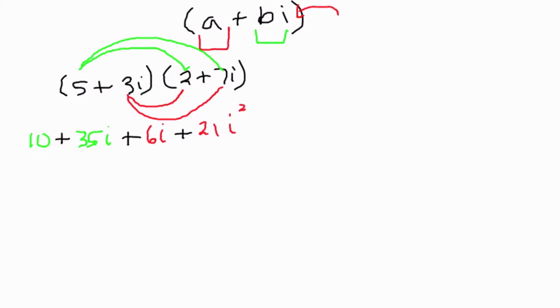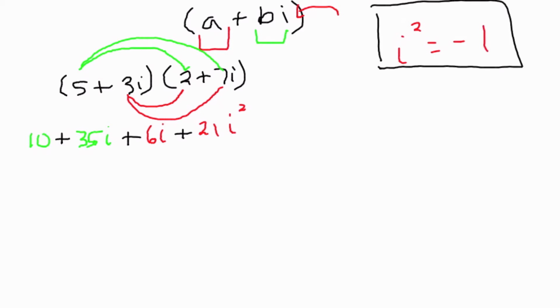Whenever you see i squared, that's always going to represent a value of negative 1. This is very important to remember. i squared is always going to be negative 1, so we're going to replace this i squared with a value of negative 1. Right, so I'm going to go ahead and bring down all my terms so you can see all the steps.